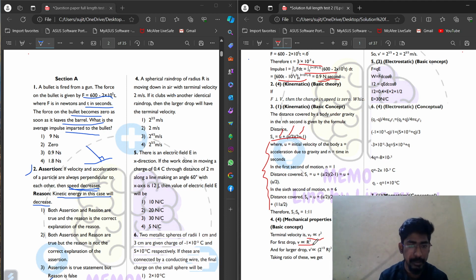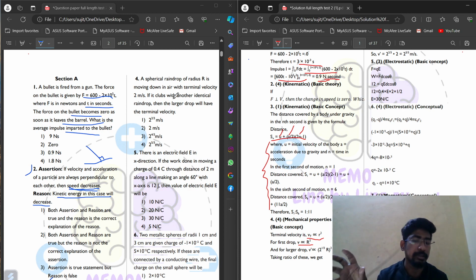The volume of the particle will remain the same. If you take the radius of the ball after clubbing it together, and multiply the volume of the first raindrop by 2, you will get the total volume of the second raindrop that is clubbed together.